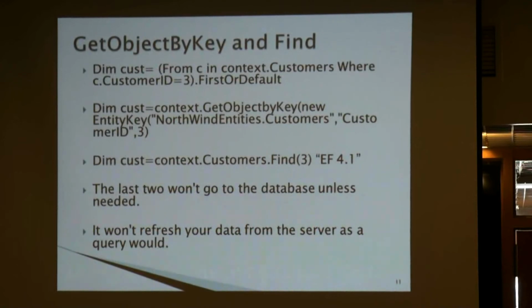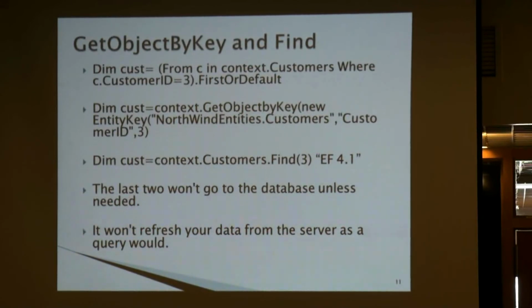Another part is, in many cases, let's imagine this. You have a grid, you're selecting an order, and you want to open another page for that order. So what you're searching for is the ID, right? Now, many people will just go and say select where the ID is equal, as I'm doing in the first line.